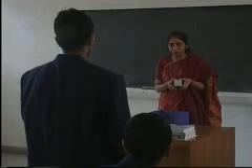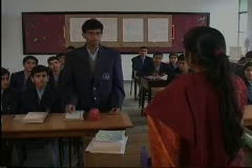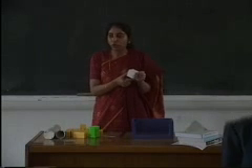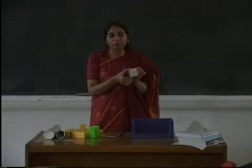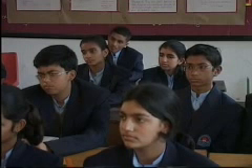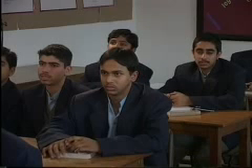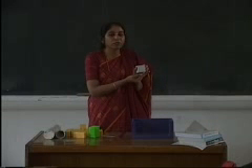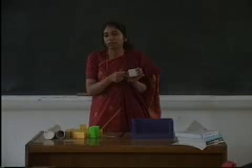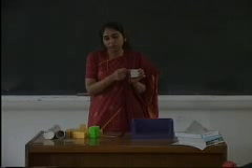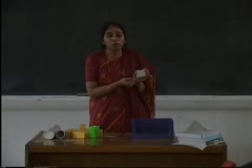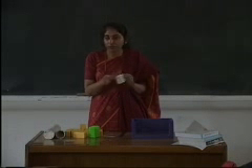Good. If the side is 1 meter, then the volume will be 1 cubic meter. Yes. So, a unit cube means that the volume will be 1 cubic unit. If the unit is 1 centimeter, the volume will be 1 cubic centimeter. And if the side is 1 meter, then the volume will be 1 cubic meter. Similarly, if it is 1 decimeter, then volume will be 1 cubic decimeter.